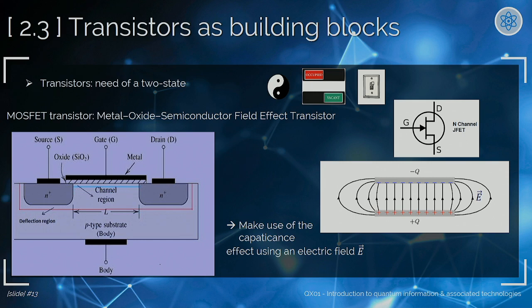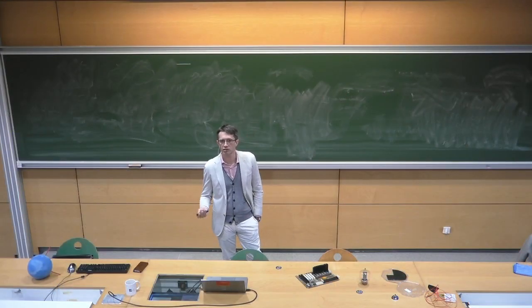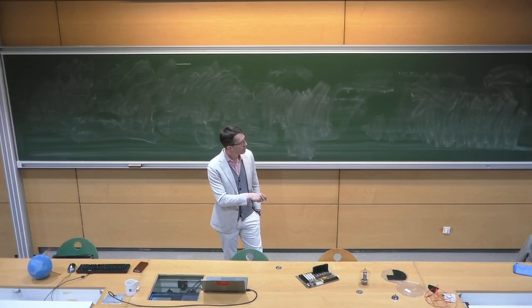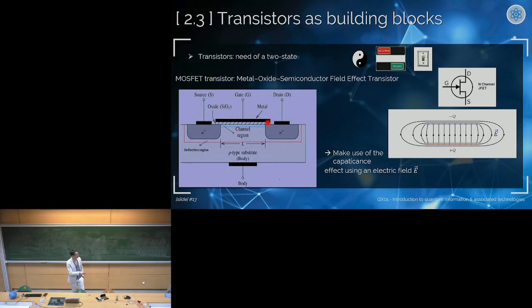So that's the principle of a so-called field effect transistor, because it's based on the electric field effect, and it's a metal oxide semiconductor because you've got metallic gates, an insulating oxide layer, and the semiconductor transistor underneath.